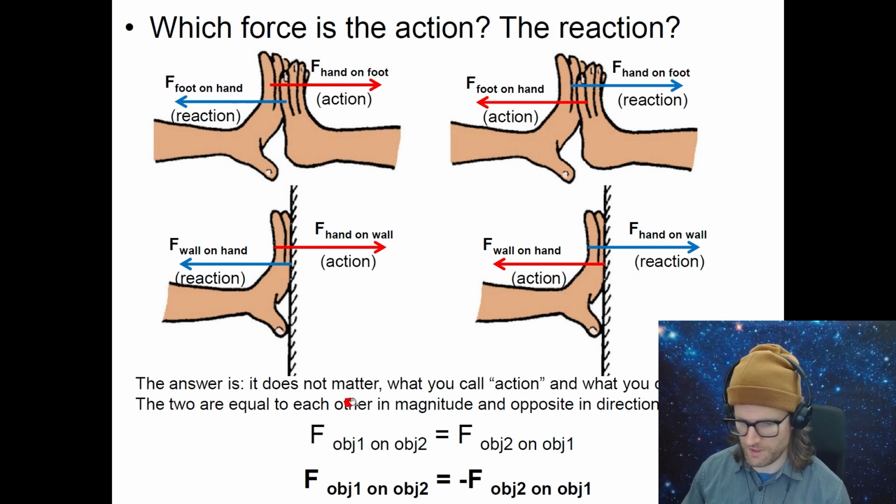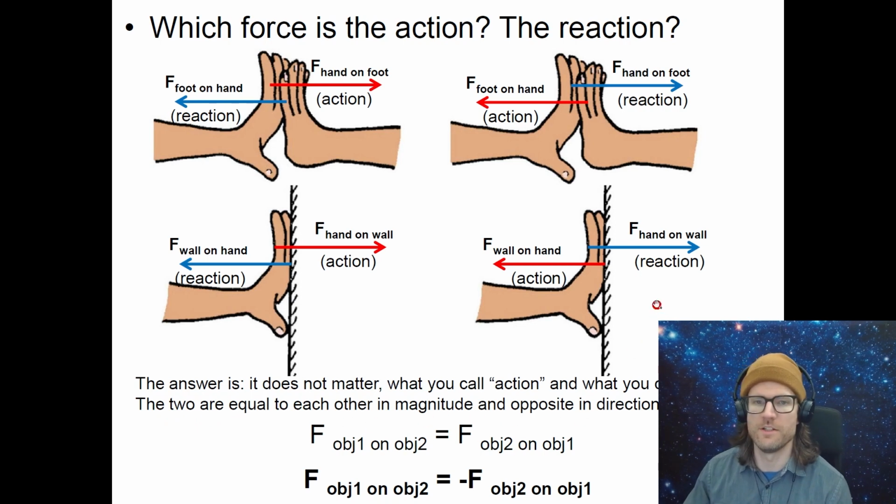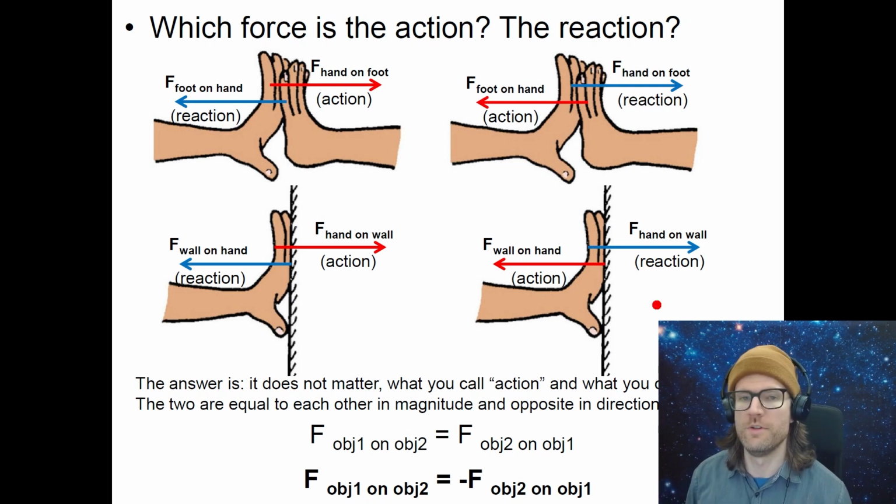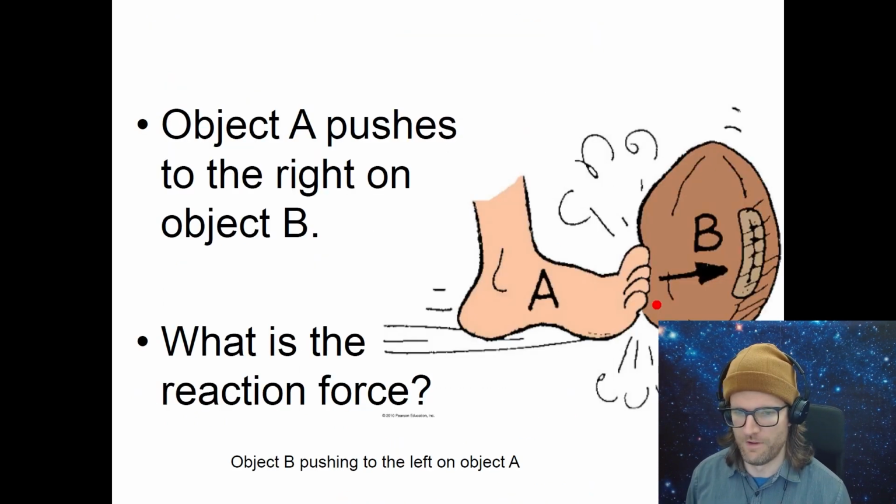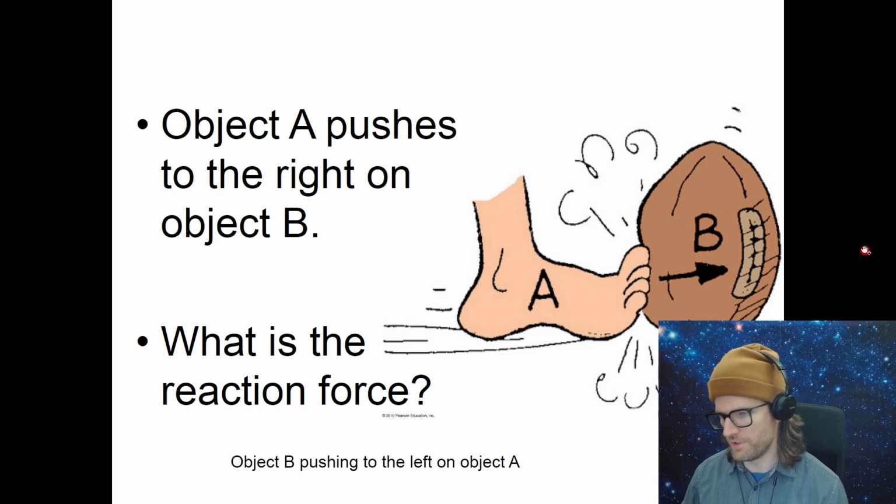The answer is it does not matter what you call action and what you call reaction. The two are equal to each other in magnitude and opposite in direction, and on different objects. That's another important thing: two different objects. Object A pushes to the right on object B. So it's the foot on the ball pushing the ball to the right. What's the reaction force? That's the ball pushing the foot to the left.